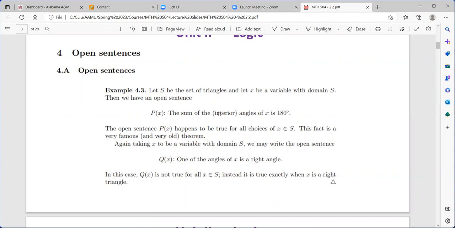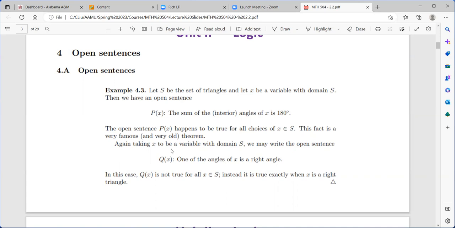So that's a statement. So the open sentence P of X happens to be true for all X belonging to S. And it's a theorem, actually, as you know it from trig, right?